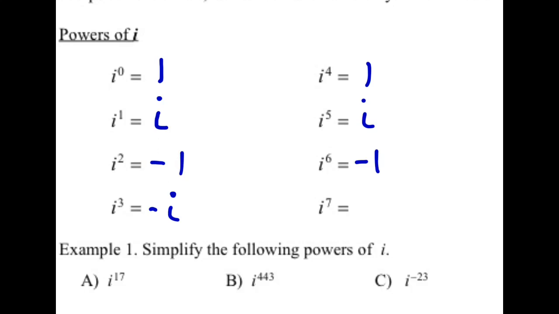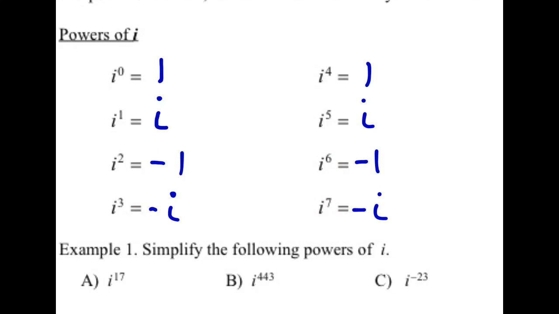To get to the next level, I'm taking both the left-hand side and the right-hand side times i. That would give me i to the 6th times i is i to the 7. Negative 1 times i is negative i. The same thing as what I had back here, which is why I have them lined up this way. So you can kind of see how this pattern just keeps repeating.